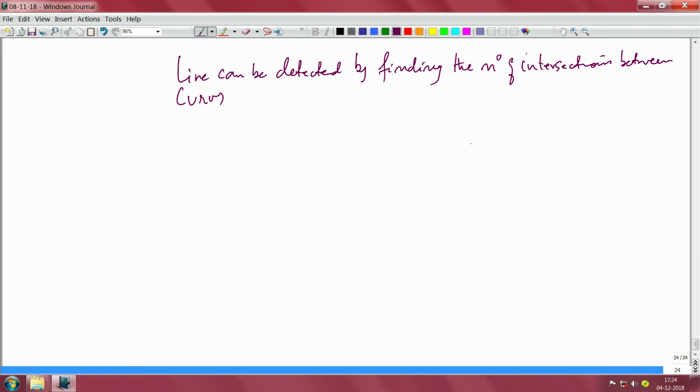So it is a very nice way to find out the line and how you can detect this line.